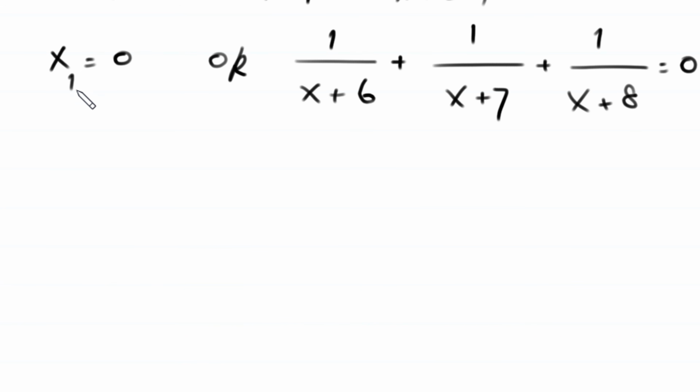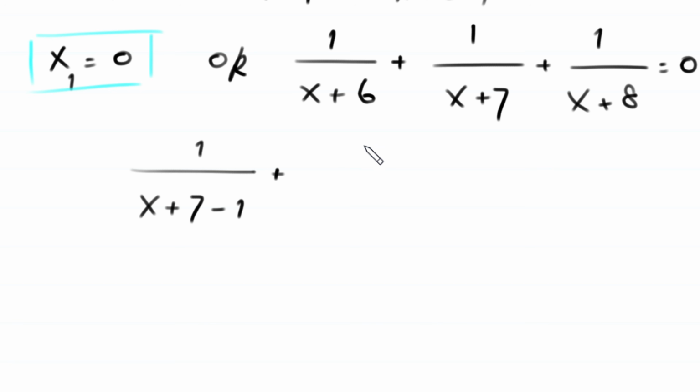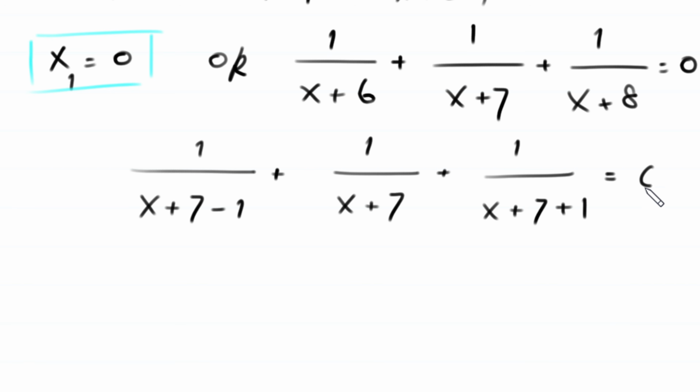This is the first value of x. This is the first solution of this equation, and from this equation we can rewrite it as 1 over x plus 7 minus 1, plus 1 over x plus 7, plus 1 over x plus 7 plus 1, equal to 0.